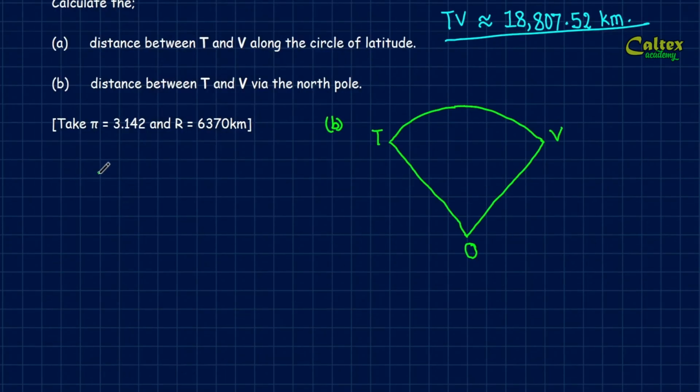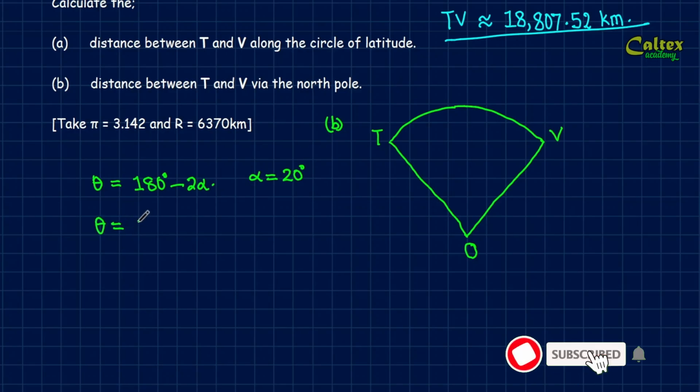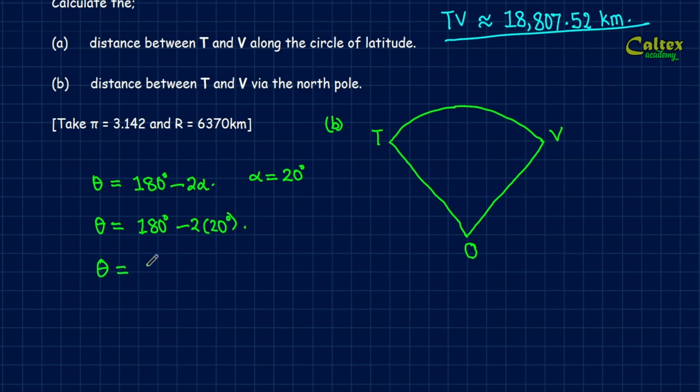Theta is given by 180 degrees minus 2 alpha, and we already know that our alpha was 20 degrees. So you can simply input it in your calculator and get the result. And if you don't have a calculator, don't worry, you can do this offhand because it's quite easy.